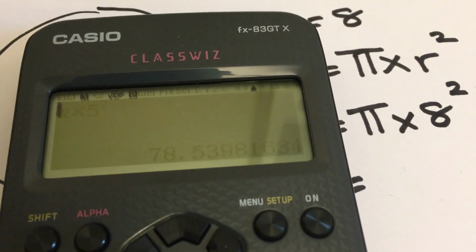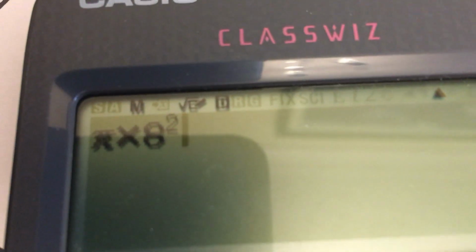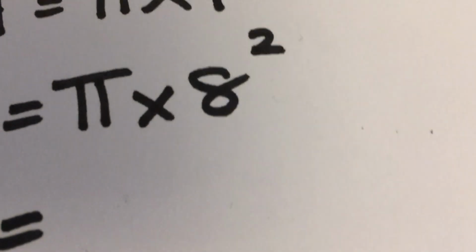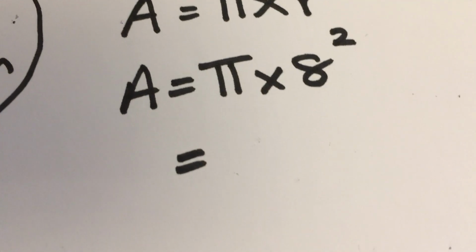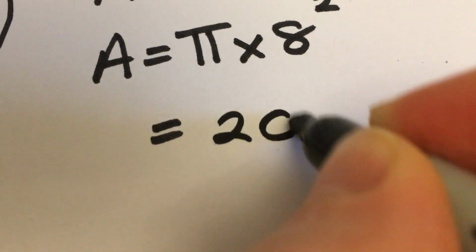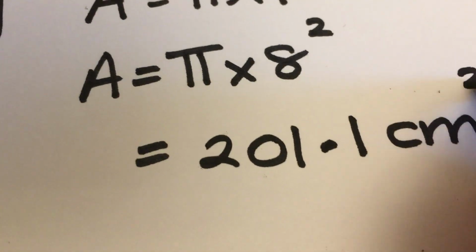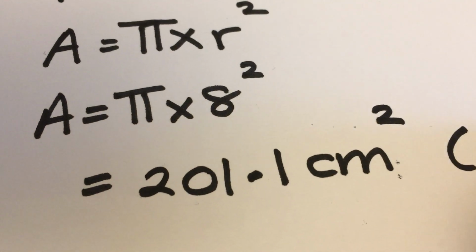Put into our calculator, it looks exactly the same as what I've written down there, and the answer comes out as 201.1 centimetres squared to 1 decimal place.